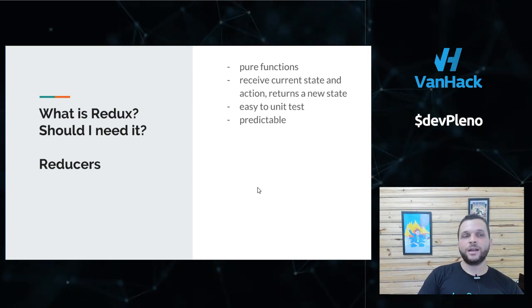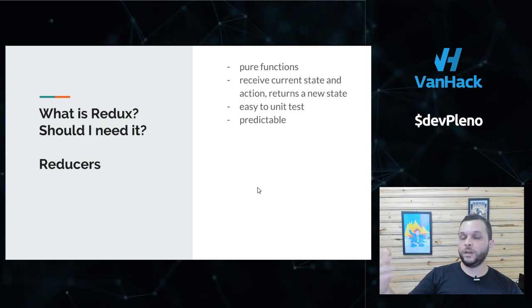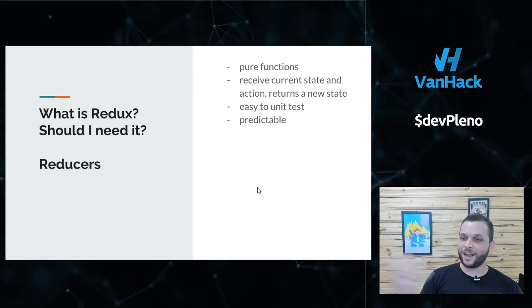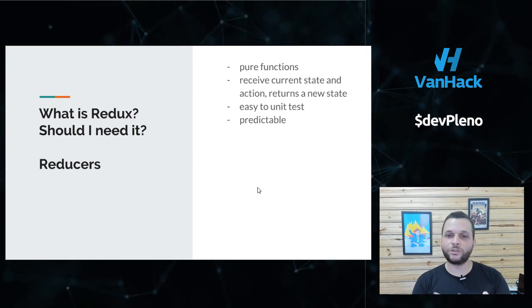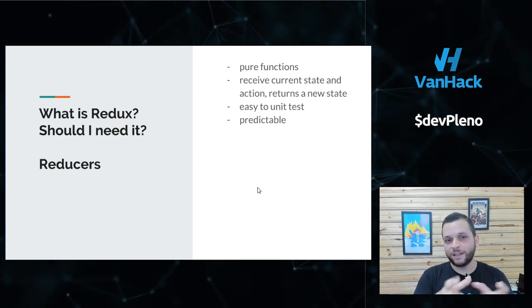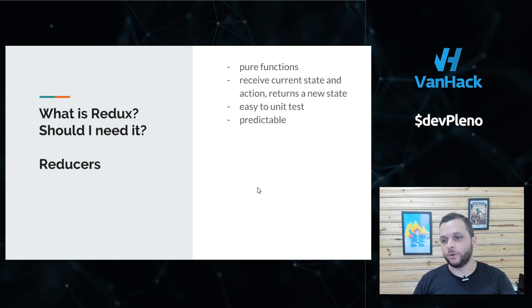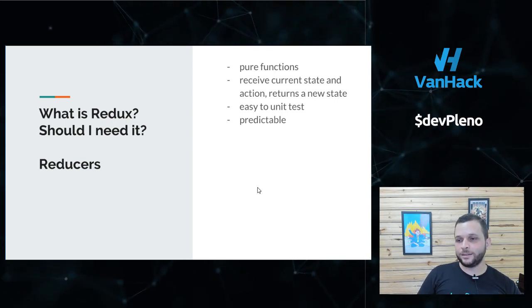So for example, increment by 1. It's an action, and we can create a new state where we store the value plus 1. So it's pretty amazing.